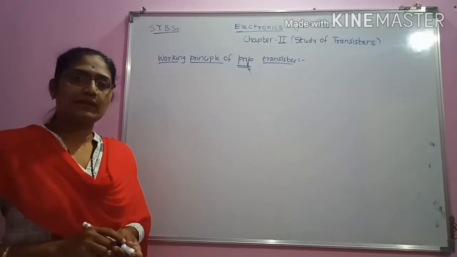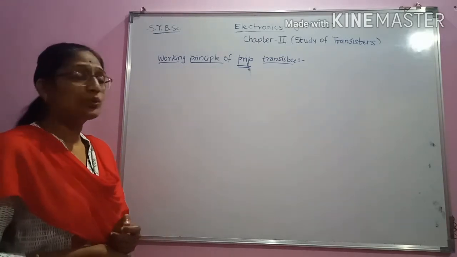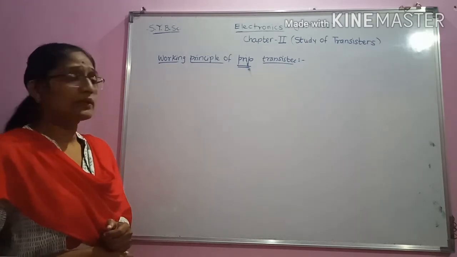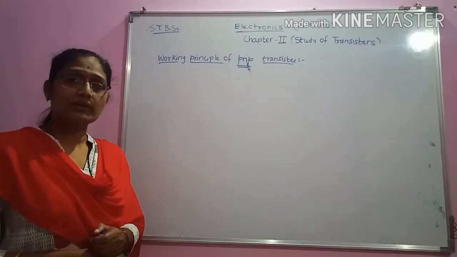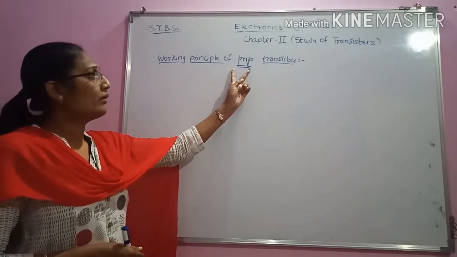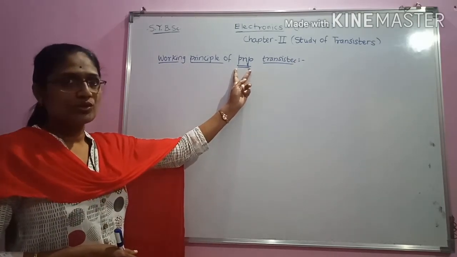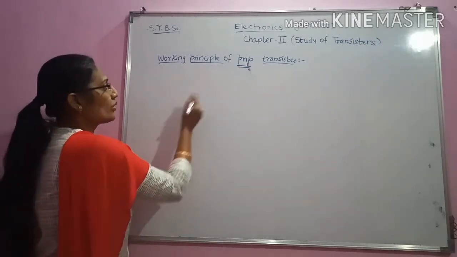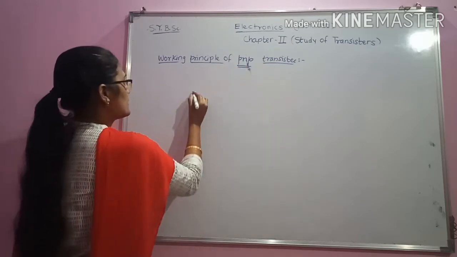We have already seen, while looking into the construction of transistors, what PNP transistors and NPN transistors are, and we looked deeply into the construction of PNP transistors. So let's draw the diagram for the PNP transistor.